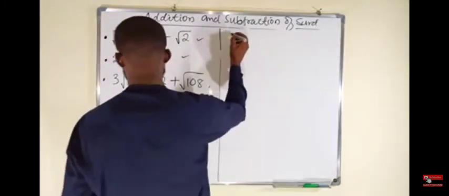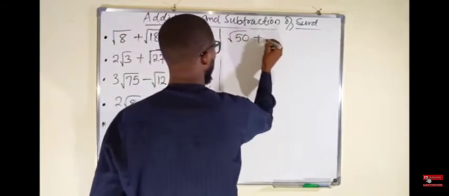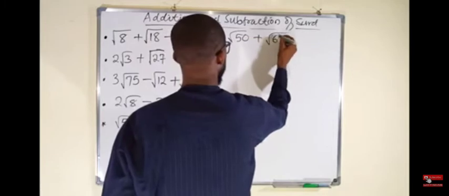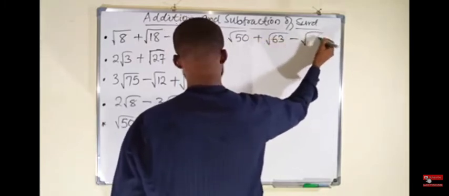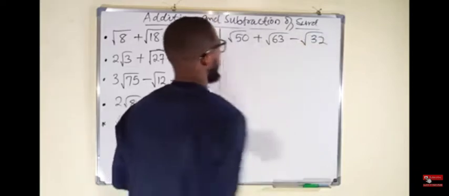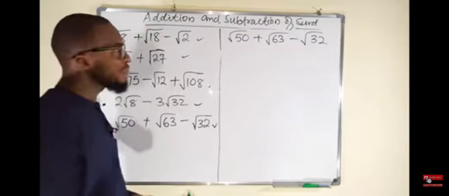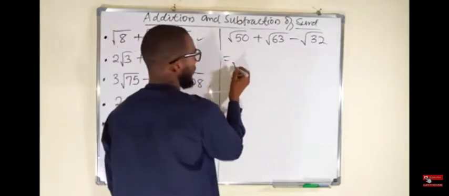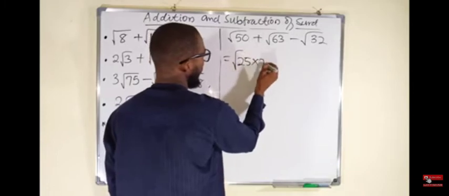We have root 50 plus root 63 minus root 32. 50 can be written as 25 times 2, so we have 25 multiplied by 2.